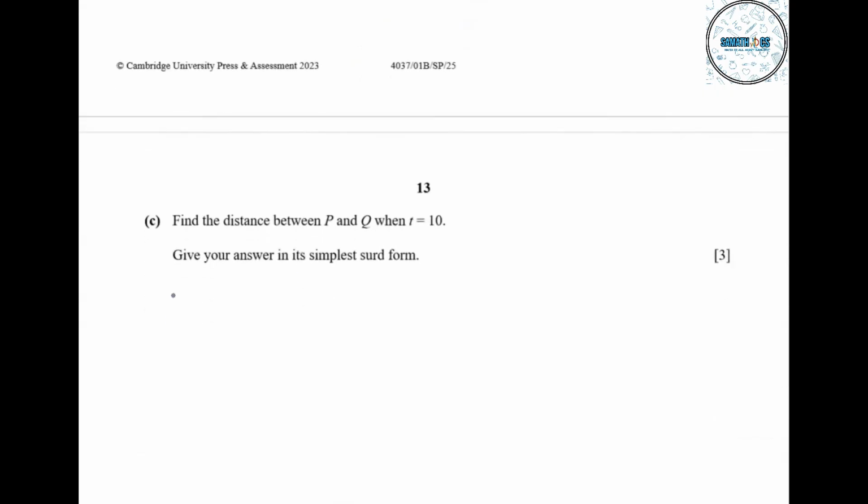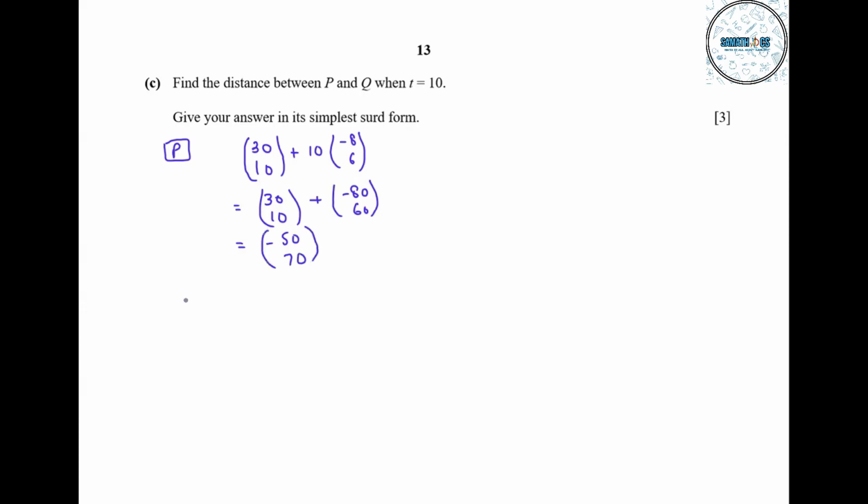So for P, we can write 30, 10 plus 10 into minus 8, 6. So we have here 30, 10 plus minus 80, 60. So we have here minus 50, 70, which is the position vector of P.